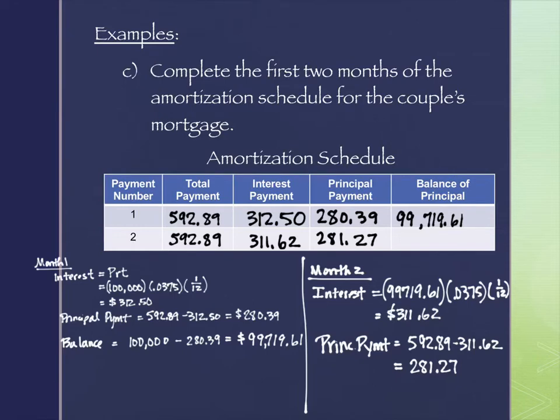How do I find my balance of my principal in this? So I had 99,719.61, and I'm going to subtract the 281.27 that we just found, because that's my principal payment. And what do I get? 99,435.34.